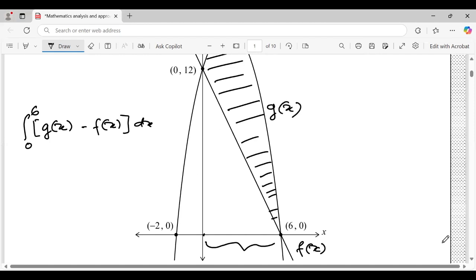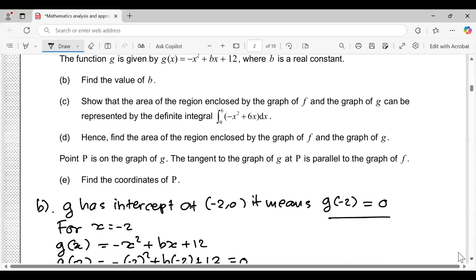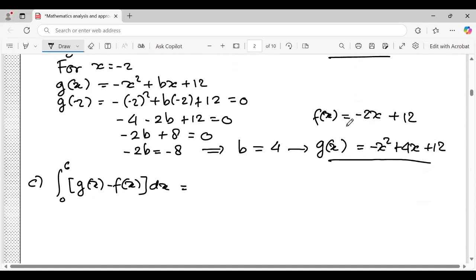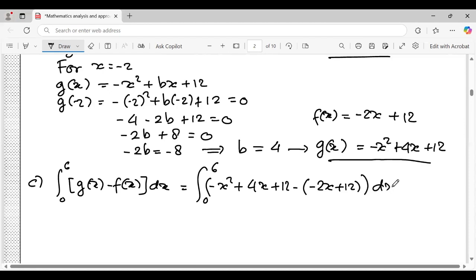So g(x) minus f(x) means the integral from 0 to 6 of minus x squared plus 4x plus 12 minus (minus 2x plus 12) dx, which is the integral from 0 to 6 of minus x squared plus 6x dx. So this is the integral.